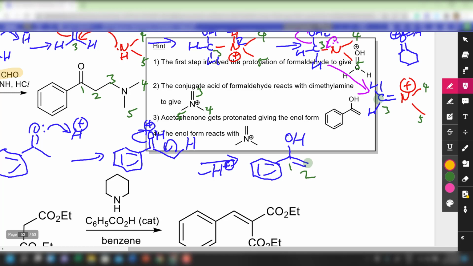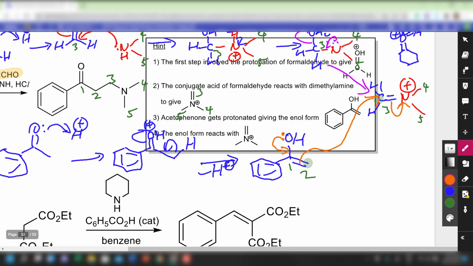So now all stars are aligned. Now what's going to happen is that the lone pair on the oxygen will flow in. And remember, the enol is nucleophilic at one of the carbons, that is the alpha carbon. So the pi bond will now attack carbon number 3, and then the pi bond will break towards the nitrogen to neutralize the charge.